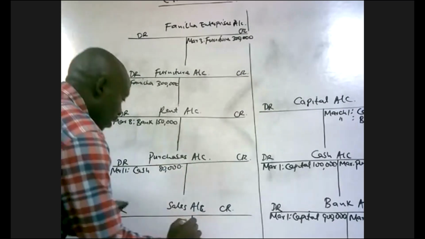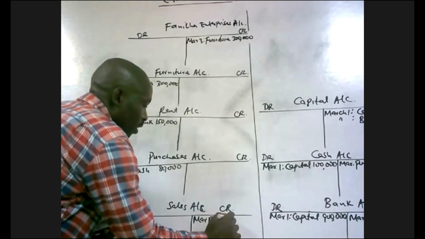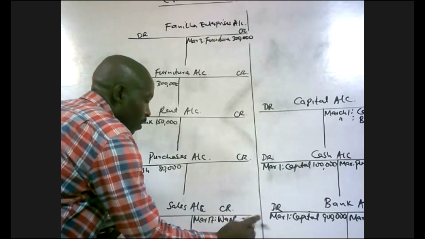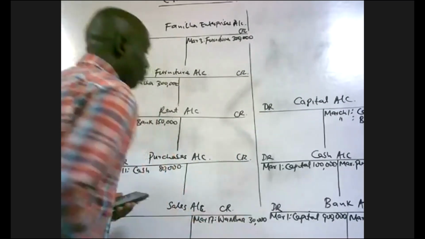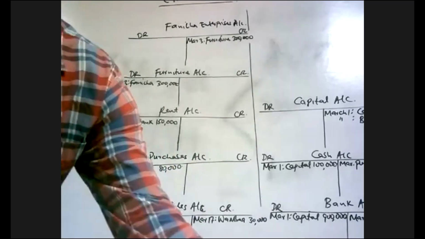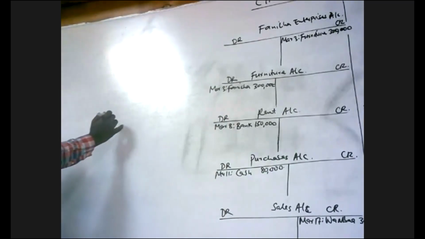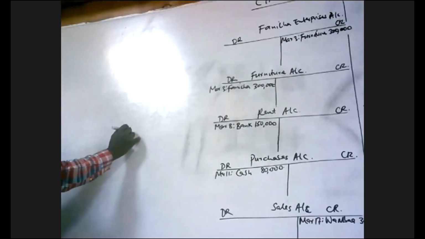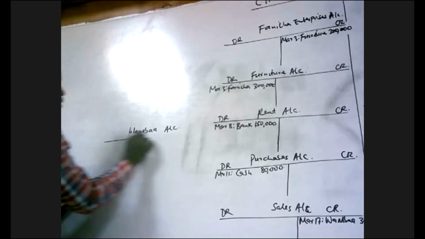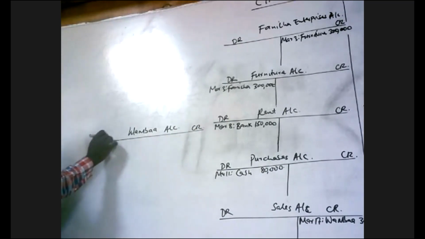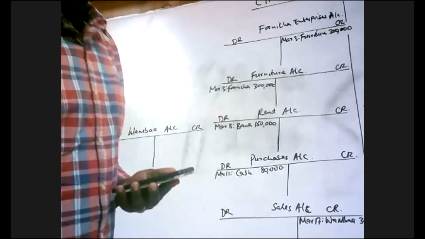So we say March 17, they were sold on credit. If it is on credit, you write the name of the customer, Wamba, 30,000. We don't have an account for that particular customer, so we open one for Wamba.